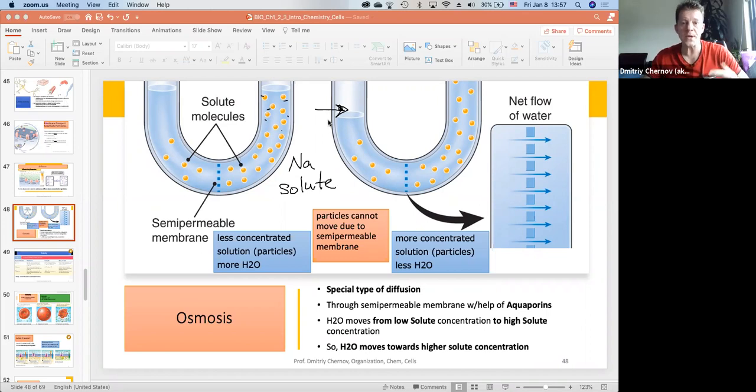This can lead to edema, accumulation of water in the lower extremities, in other compartments of your body, in the interstitial space, that can lead to puffiness, right? Edema. Water follows sodium. So the law of osmosis: movement of water from low concentration gradient to high concentration gradient.